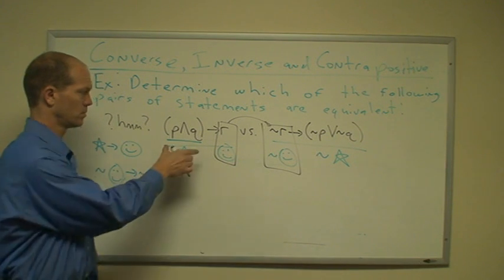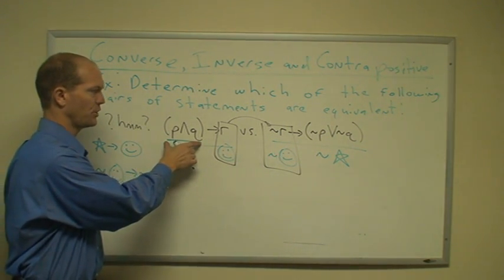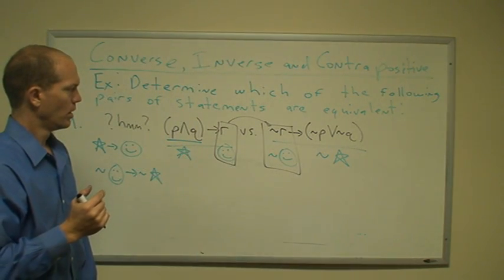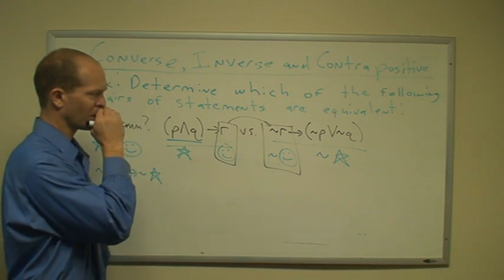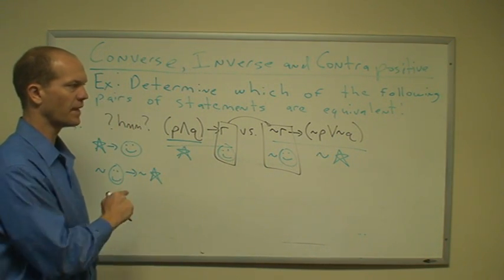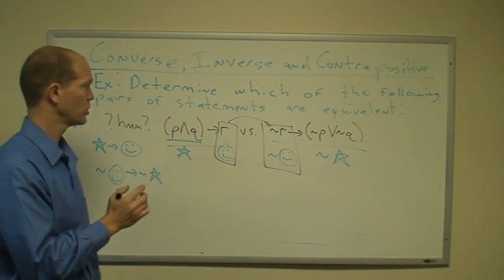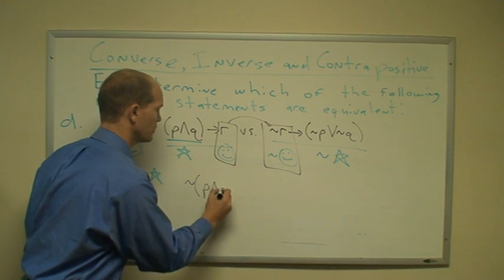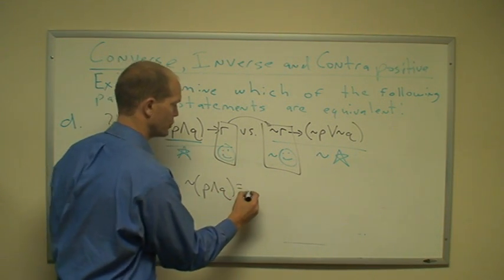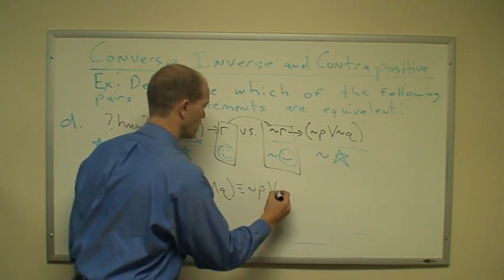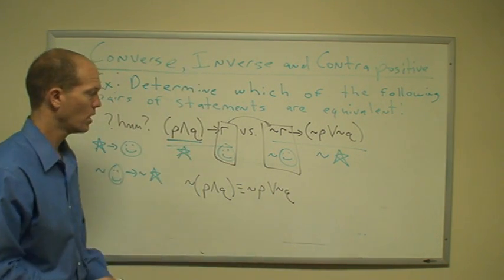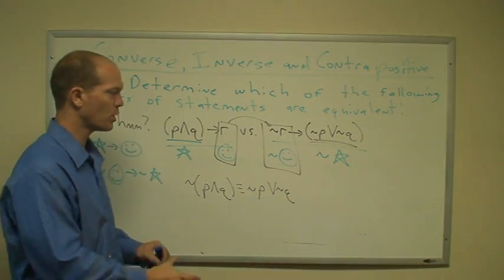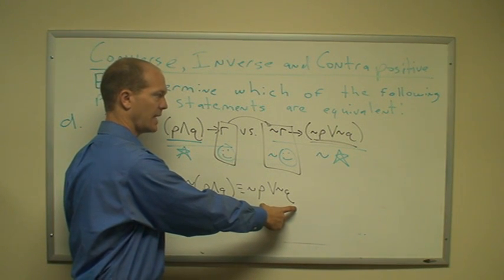Let's examine the statement P and Q relative to the statement not P or not Q a little further though. Thinking about this for a second, the only relationship we've talked about that could relate these two things was De Morgan's law. In particular, part of it said that the negation of P and Q is equivalent to the negation of P or the negation of Q. Looking at what I have here, I see that matches part of what De Morgan's laws say.